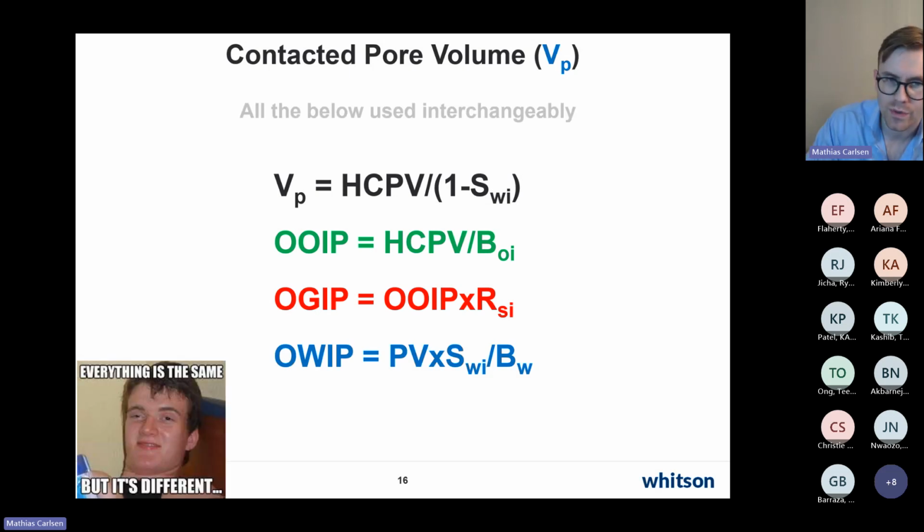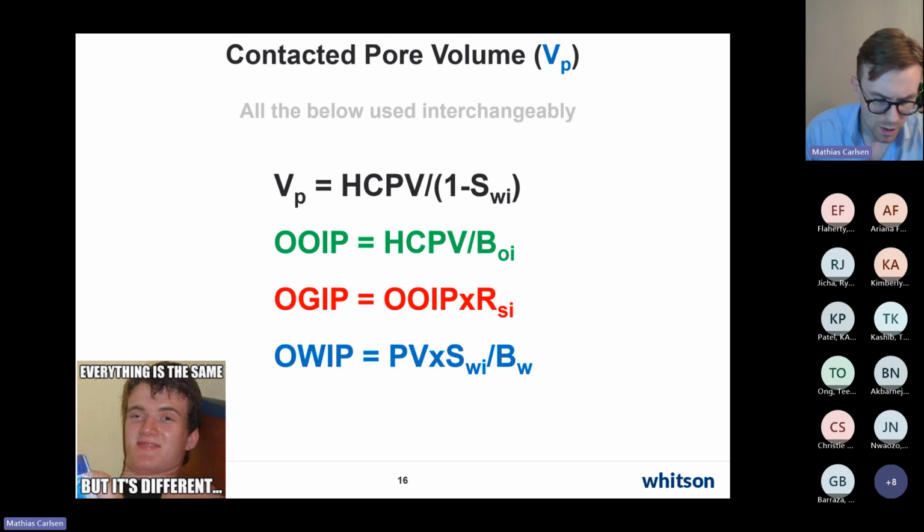The only difference between them is the pore volume and PVT properties. In practice, it probably depends a little bit. If you want to look at pore volumes consistently for a whole play where the fluid properties are changing, maybe you would like to quantify the pore volume, because that will of course be a more fluid agnostic way of looking at it. But except from that, pick your poison.